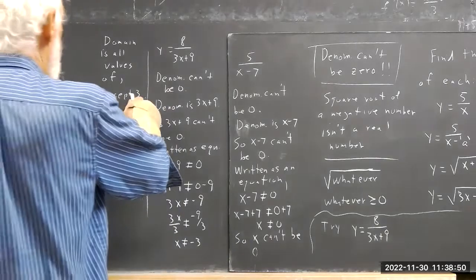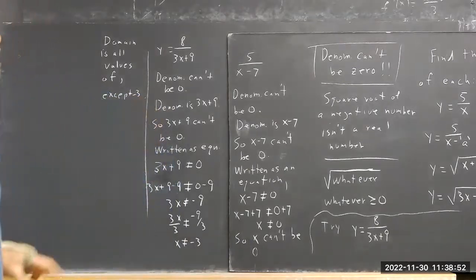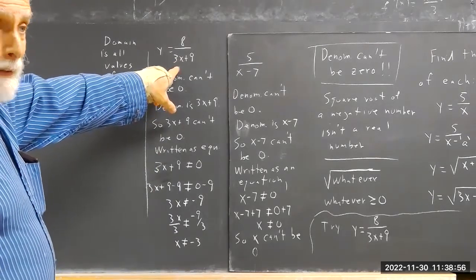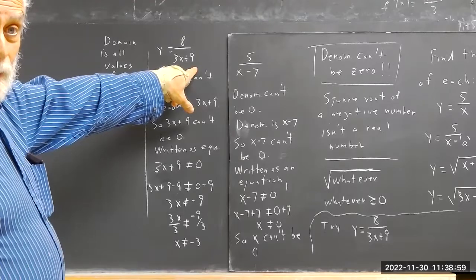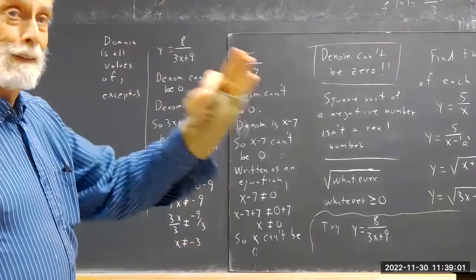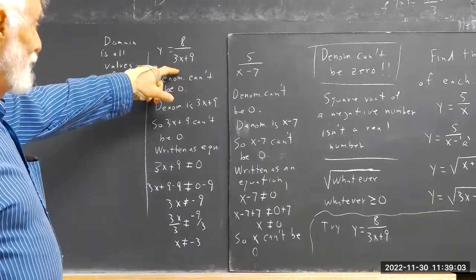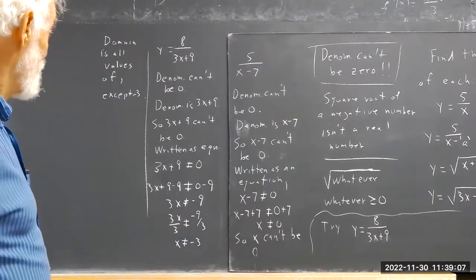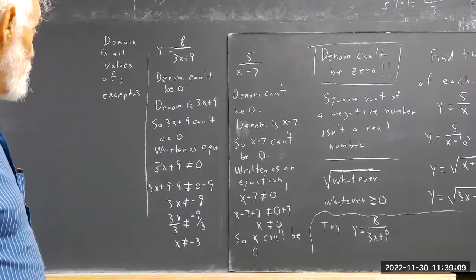Except negative 3. Sorry. Why is that? Well, if you put negative 3 in here, you get negative 9 plus 9 in your denominator. What's negative 9 plus 9? Okay. And you can't divide the 8 by 0. Okay. So that's it.